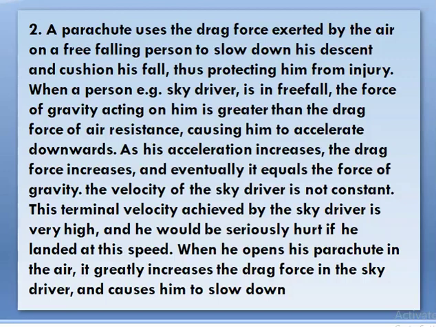Now you find out that a parachute serves as a safeguard for a person that is falling freely under the influence of gravity, or somebody that is falling from the sky or from an aeroplane. The parachute serves as a guard to protect that person from injury, or from hurting him or herself.